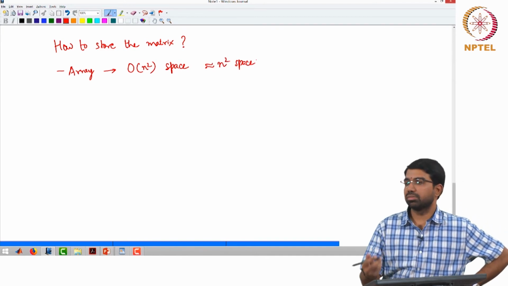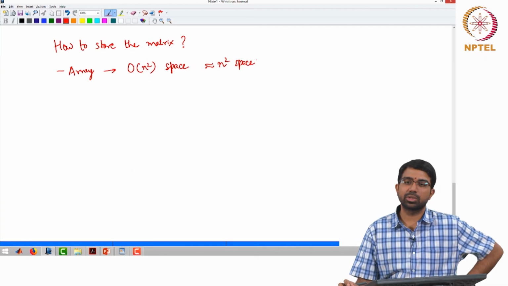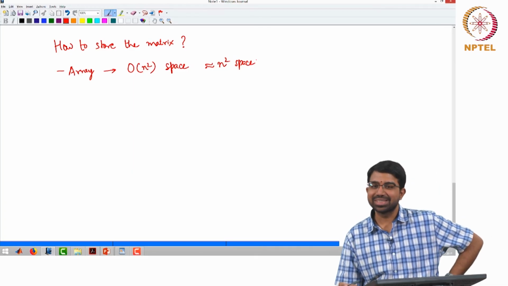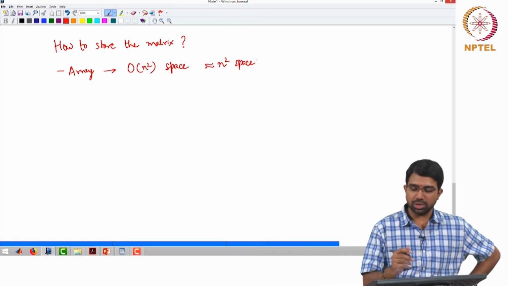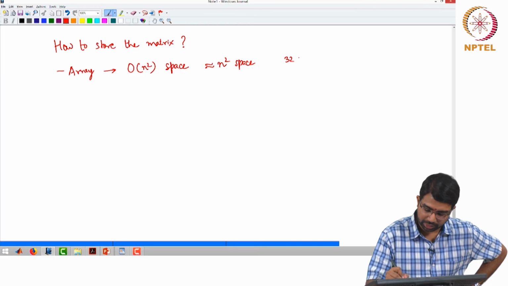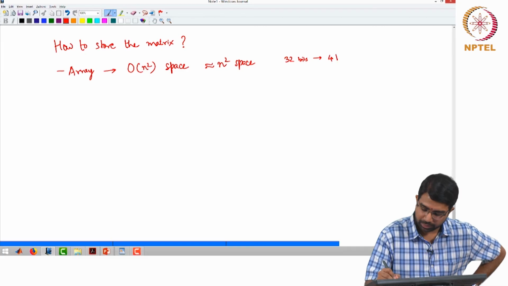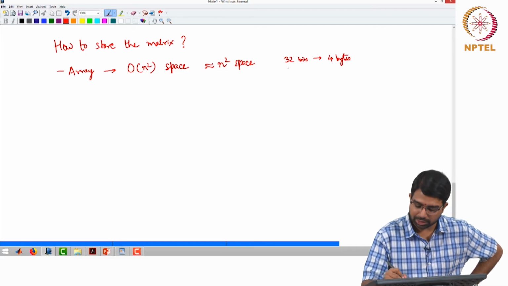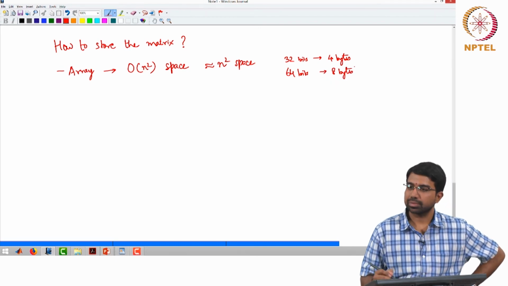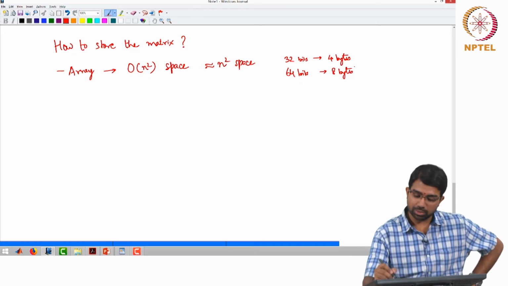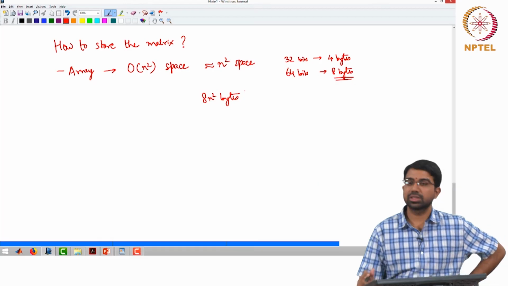So, if you are looking at storing doubles, let us say, how much space is taken up by a double in computer memory? 16, 32, 64. It depends really on the precision. Most machines will have at least 32 bits, or 4 bytes. This is in fact for a float. For a double, it is usually 64 bits and 8 bytes. So, you are going to store 8 bytes, so 8 n squared bytes is what you need.